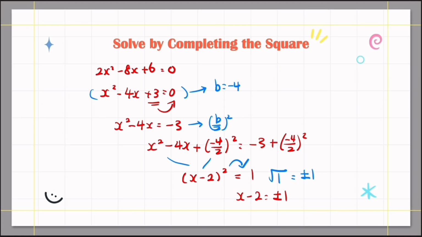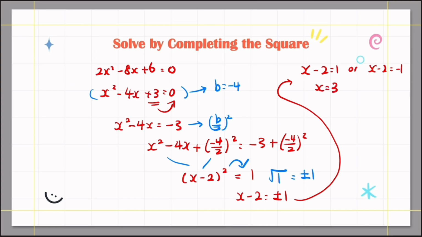Next we separate this equation into two: x minus 2 equals 1 or x minus 2 equals negative 1. Then we get x equals 3 or x equals 1. So this is the method to solve the quadratic equation by completing the square.